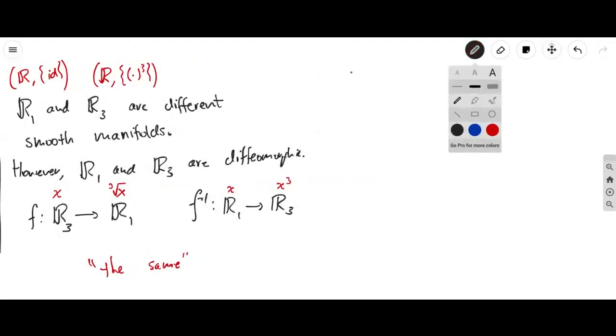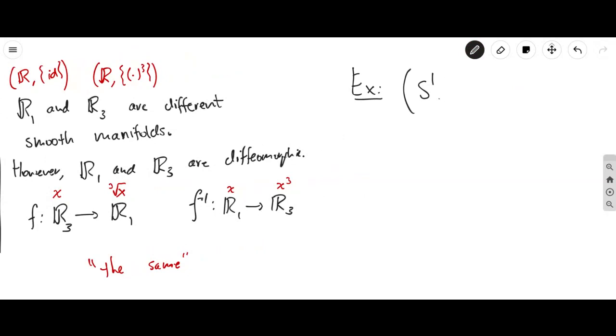Using the other example that we saw, we had the circle and we had an atlas with two maps. One of them wrapped the unit interval around the circle with a positive sign, and the other one wrapped the unit interval around the circle with a negative sign. And we saw that this was a smooth atlas. And then you can do it the other way.